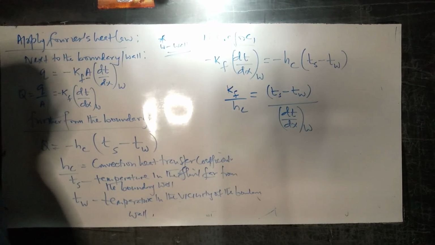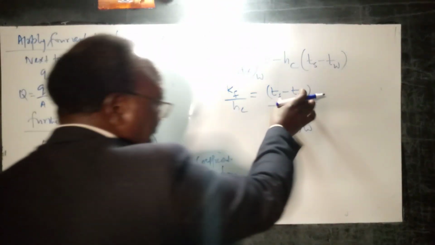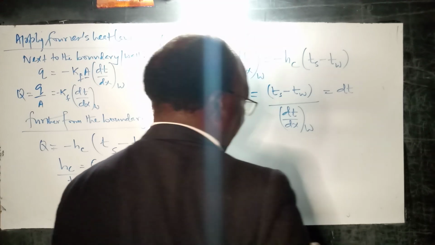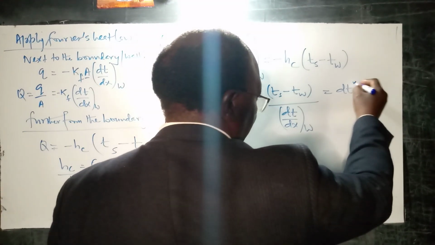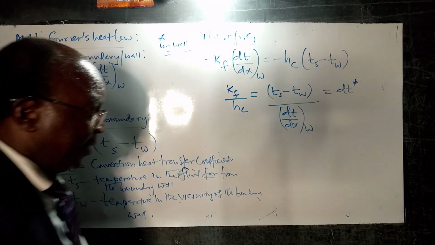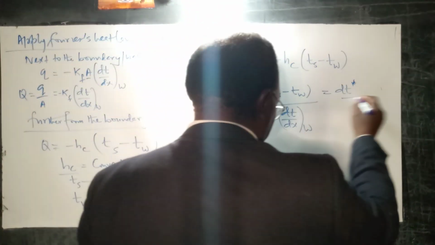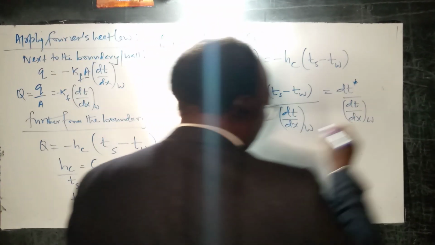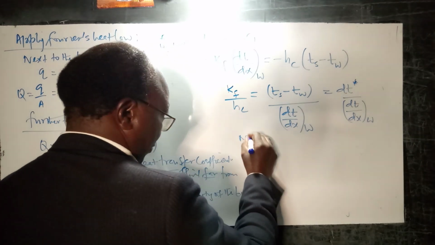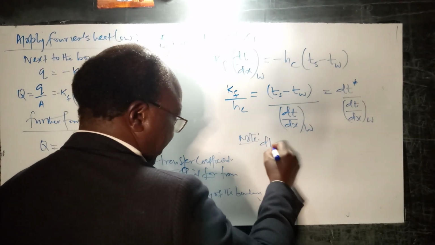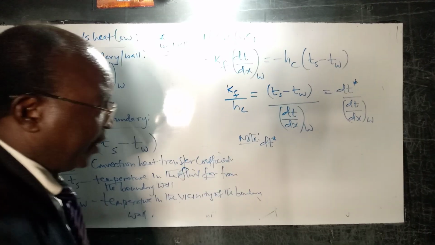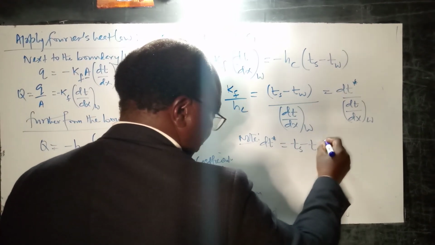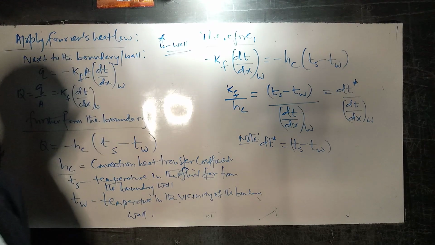So this difference in temperature, let's call it delta T and put an asterisk there, so that you have dT/dx at the wall. Don't forget delta T, mark that asterisk, you have defined as being the difference between those two temperatures.